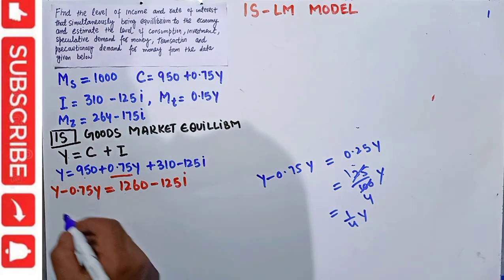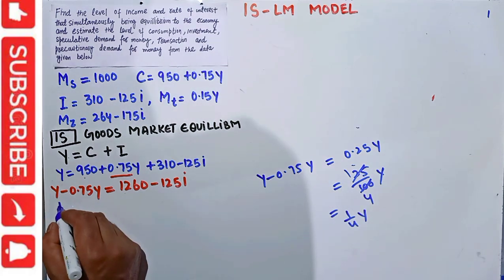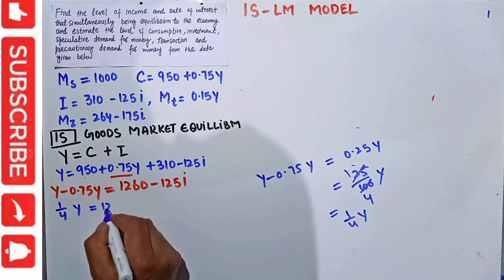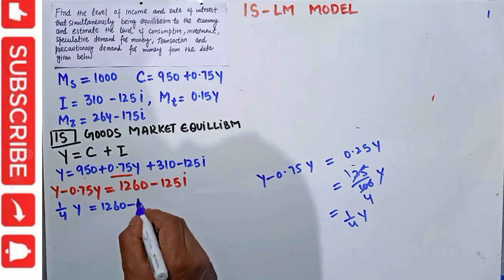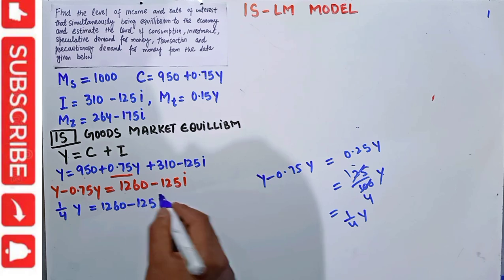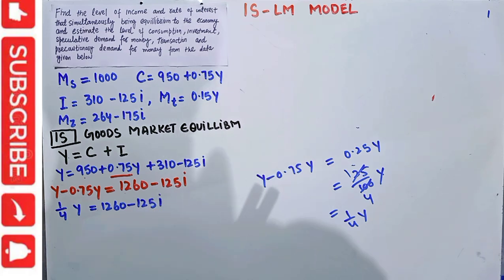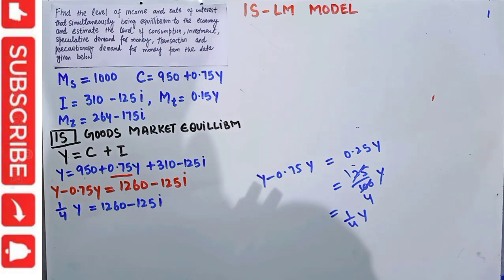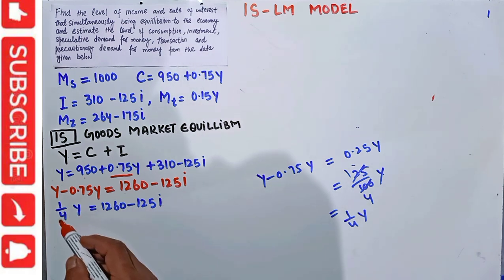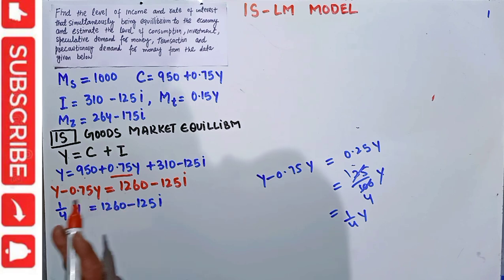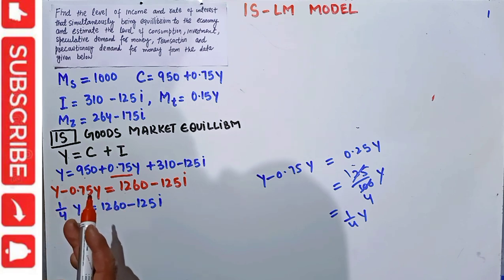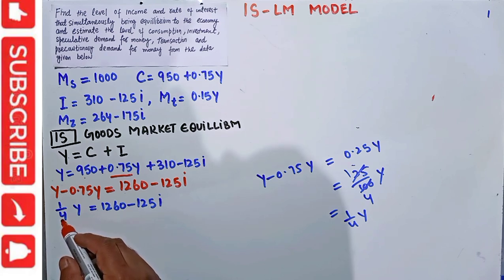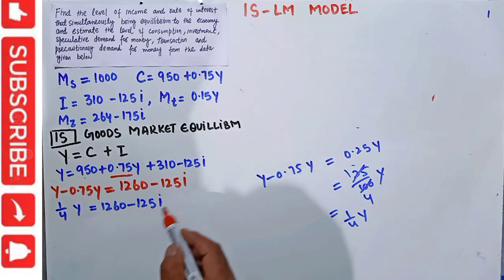So 1 upon 4 Y is equal to 1260 minus 125I. Then what will we do? We will multiply both sides by 4, or we can simply transpose it because we only need Y on the LHS. Transposing this 4, it will get multiplied to each of these terms.